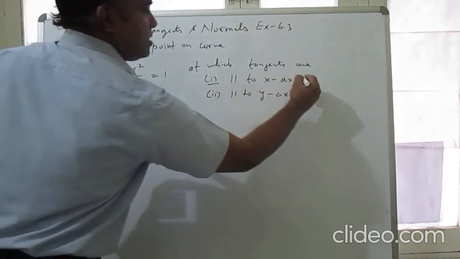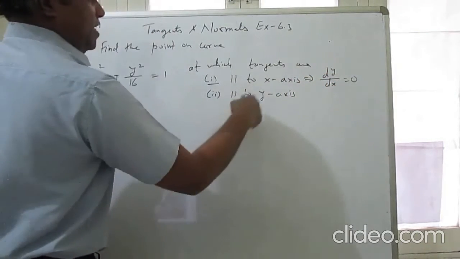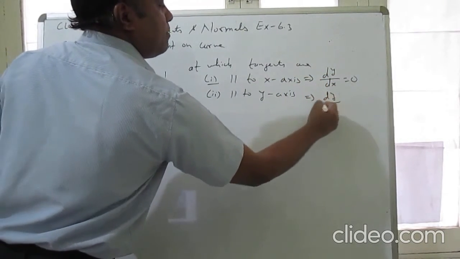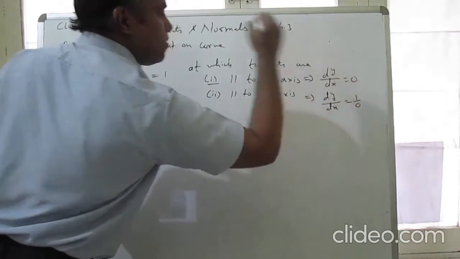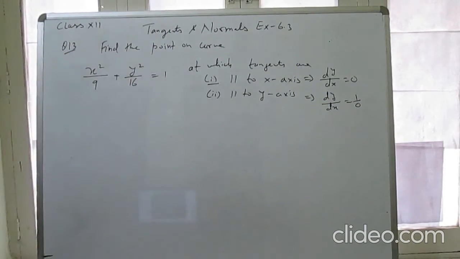It means in parallel to x axis, dy by dx is equal to 0. In this, dy by dx is not defined, 1 upon 0. So apply those two conditions and find the point on the curve.